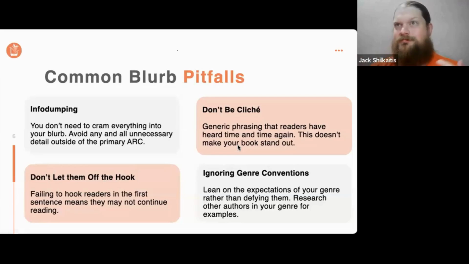It doesn't have to be, but it is good if you can have some element of novelty that at the same time doesn't break the genre expectations in your blurb, so that your blurb stands out. It's unique and it's different and it's attention getting, but it doesn't conflict with the conventions and expectations of your genre.